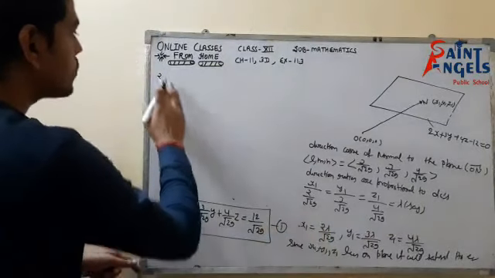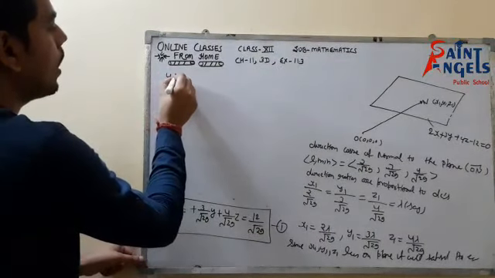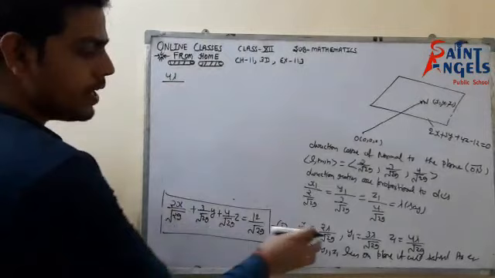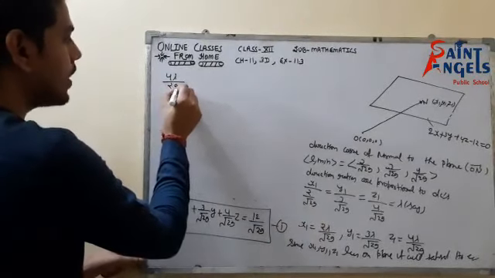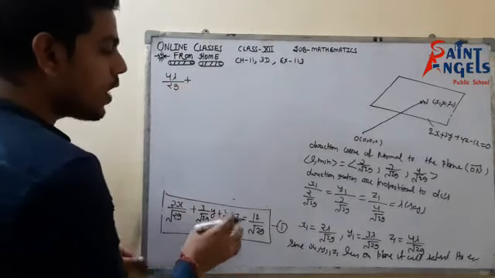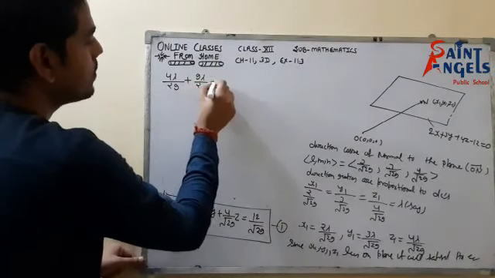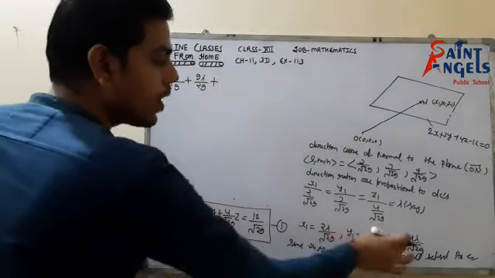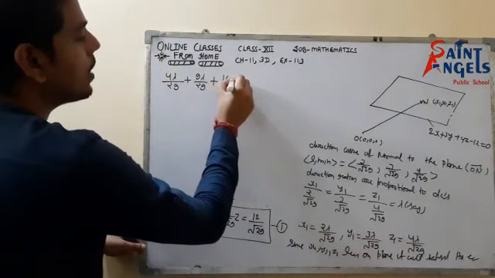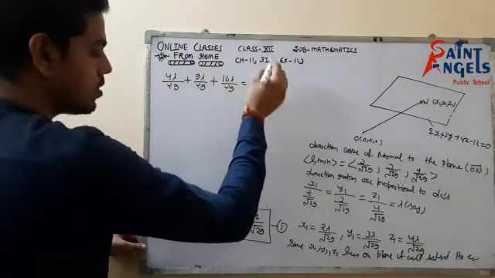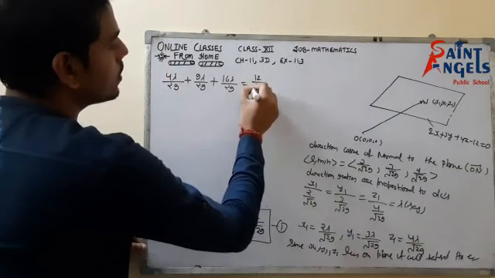So that would be 2 lambda. So it means 4 lambda upon under root 29 into under root 29. So that would be 29. Similarly, 3 into y1, so that would be 9 lambda upon 29, plus 4 into 4 lambda upon under root 29, so that would be 16 lambda upon 29, equals 12 upon under root 29.